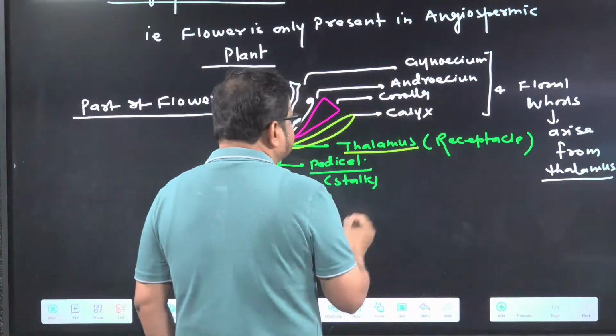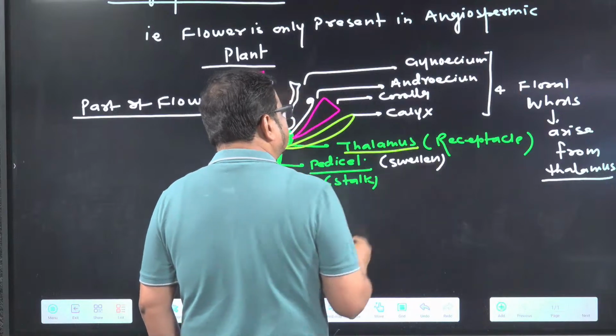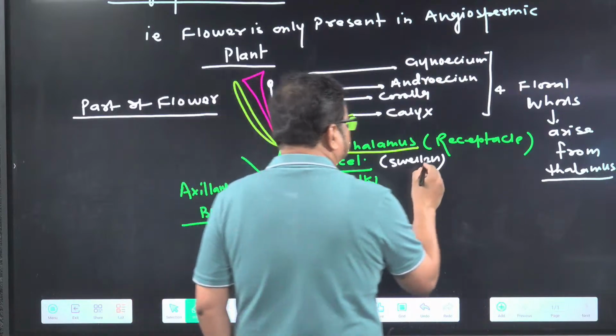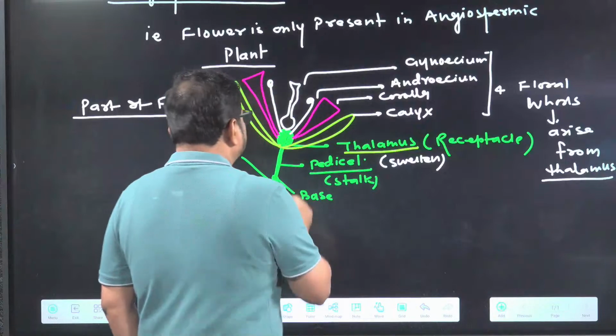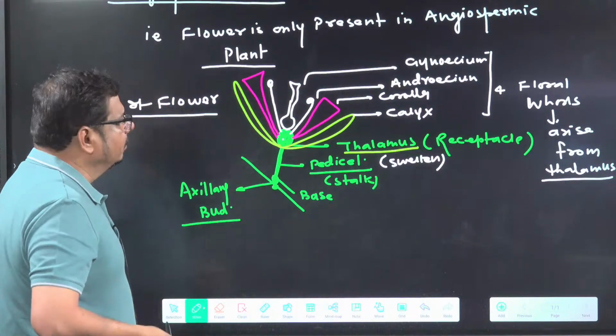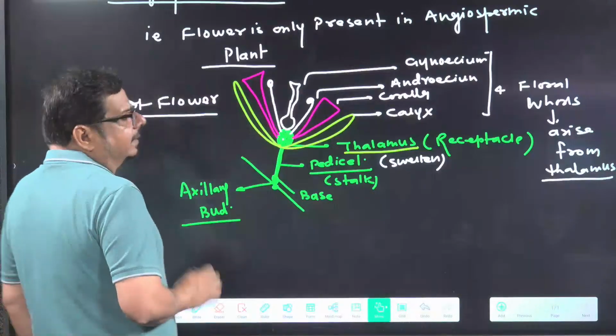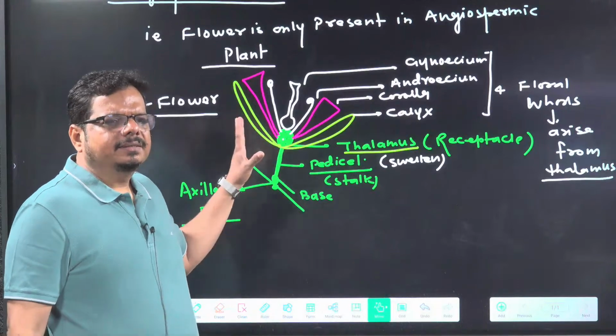And this thalamus is the swollen part. You see now, these are the swollen part. Is it clear in the mind or not? So these are the 4 types of whorls. Clear? Any doubt till here?